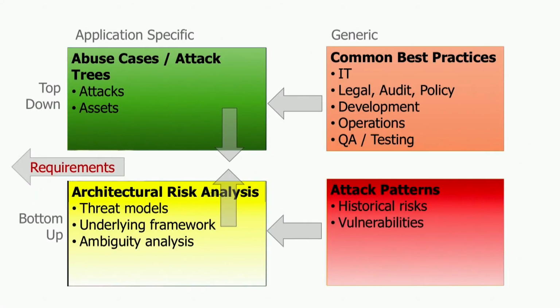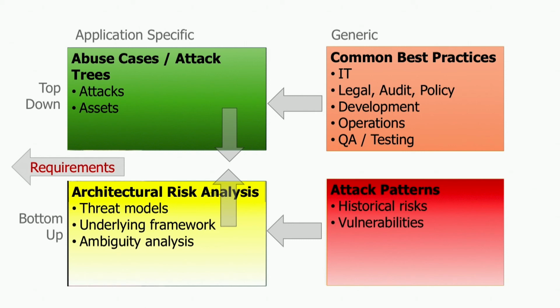What this slide talks about is all of the different inputs into a comprehensive set of security requirements. If you look at the right side of the screen, there are some common best practices such as information technology, legal, audit, policy, as we talked about, development, operations, QA, and testing.